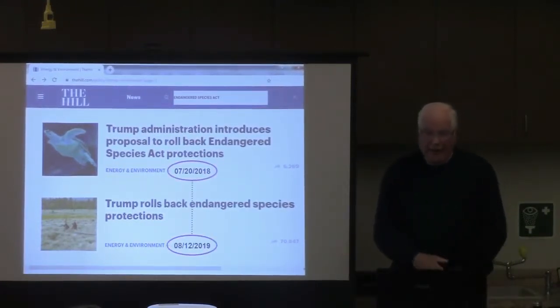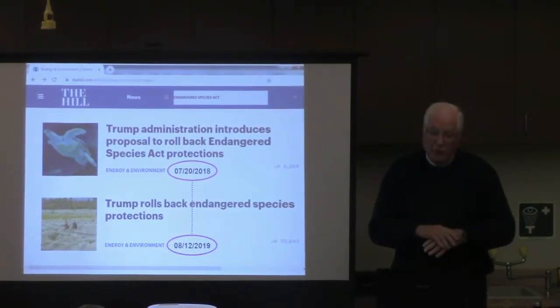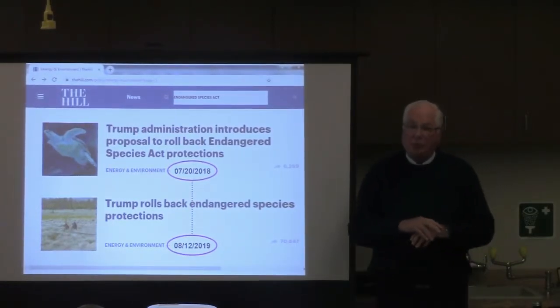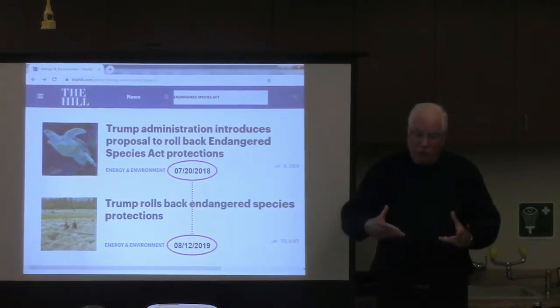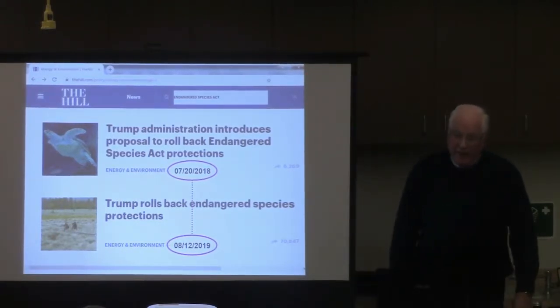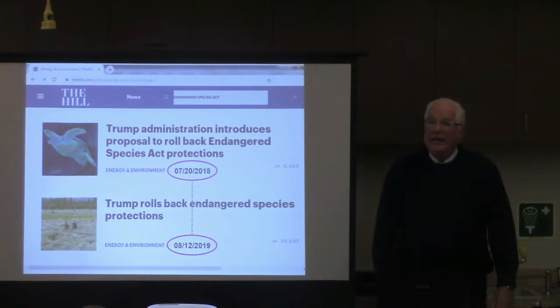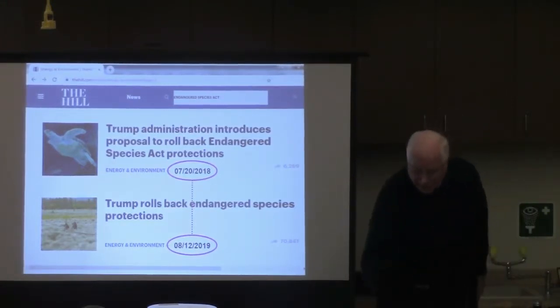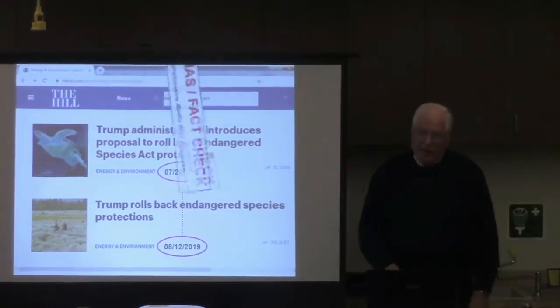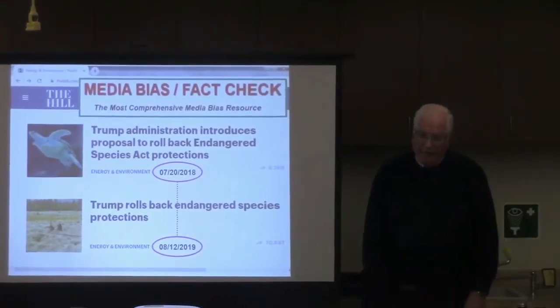In July 2018, the administration introduced a proposal to roll back ESA protections. And 13 months later, in August 2019, that proposal was implemented and the ESA protections were changed with the modifications as I explained to you with the agency's PowerPoint.